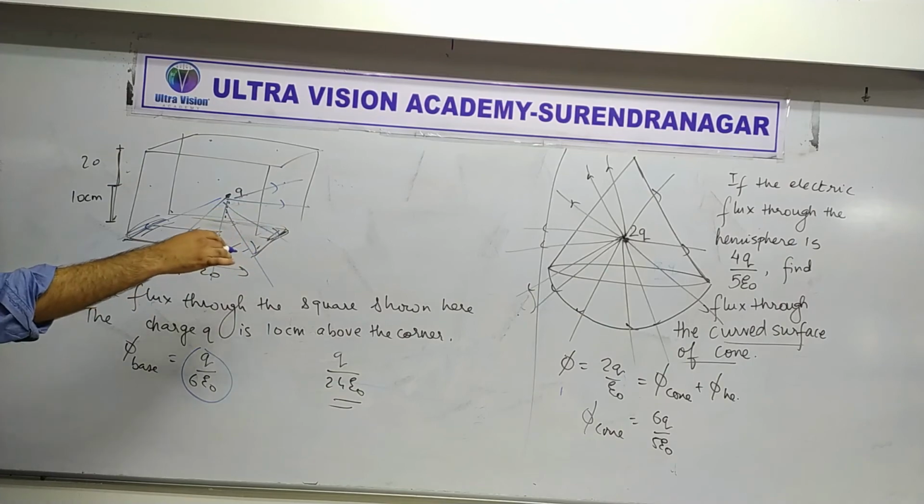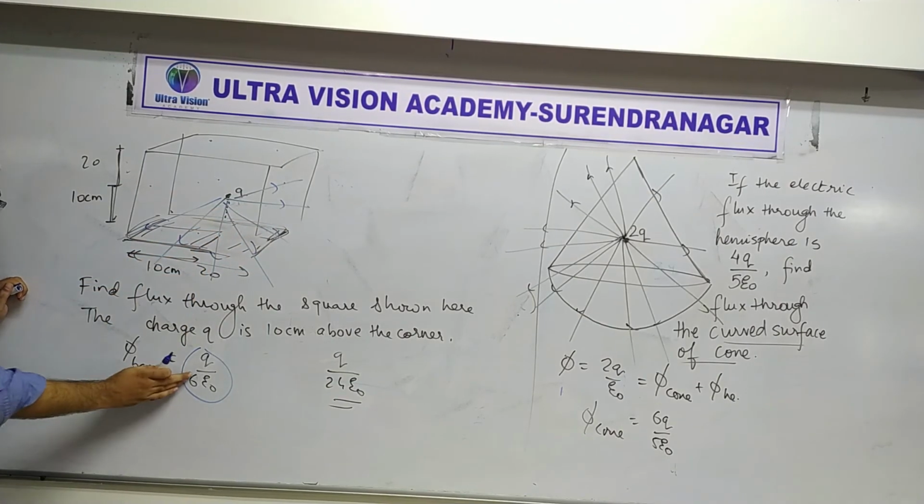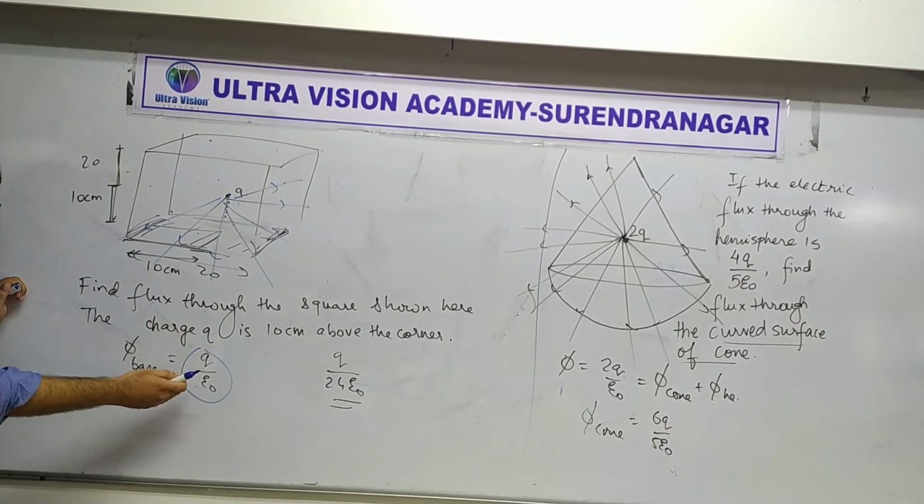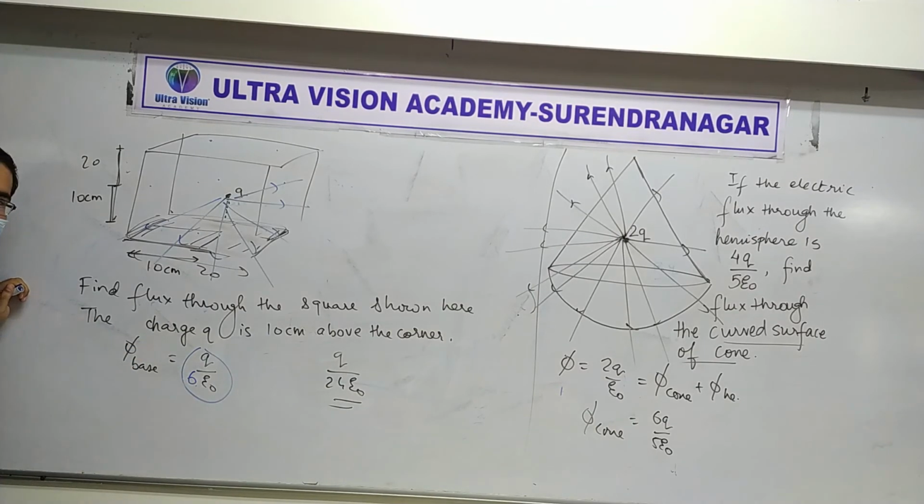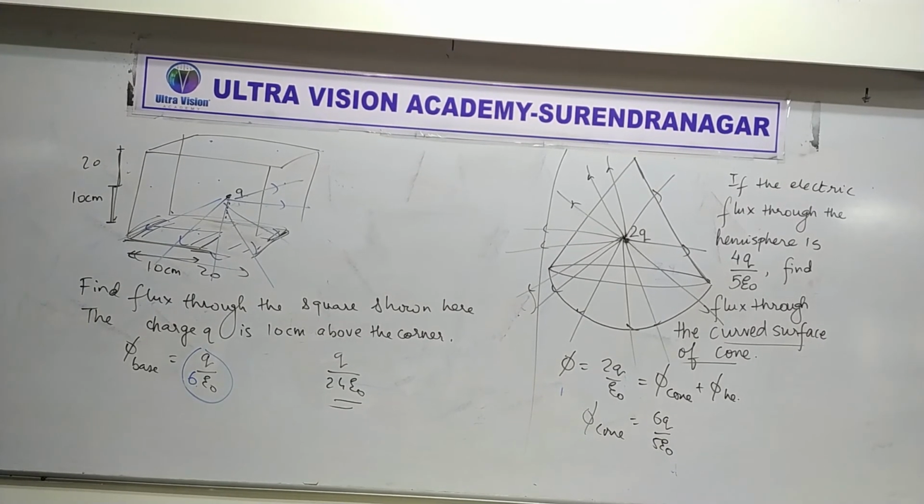For all the 6 faces, the total becomes Q by epsilon 0, so 1 will be 1 upon 6 and then 1 by 24. Got it? Clear? So that's what. Okay, all right.